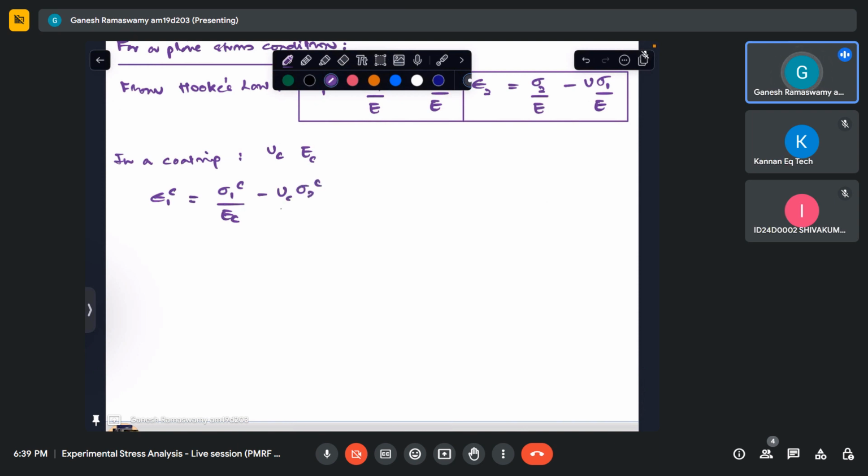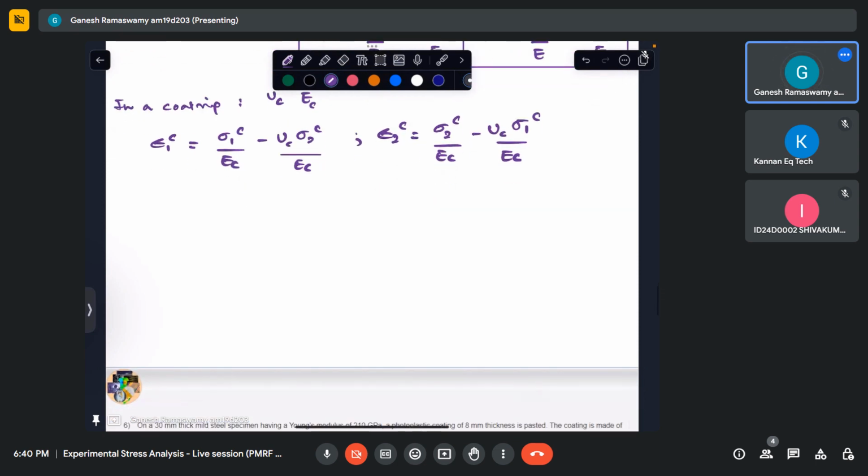So far, so good. Now from here, if I were to calculate the difference in the strains, epsilon 1c minus epsilon 2c, essentially I can take EC common on the bottom. This gives me sigma 1c minus mu c sigma 2c, minus sigma 2c plus mu c sigma 1c.